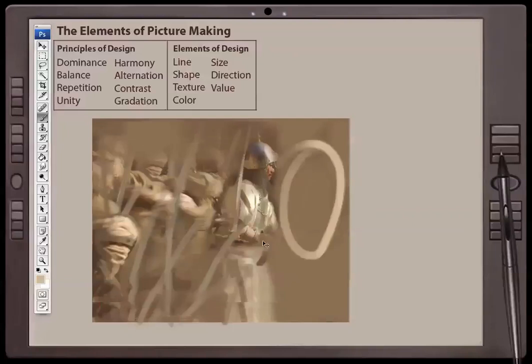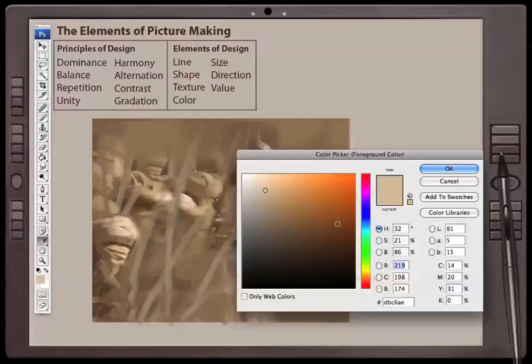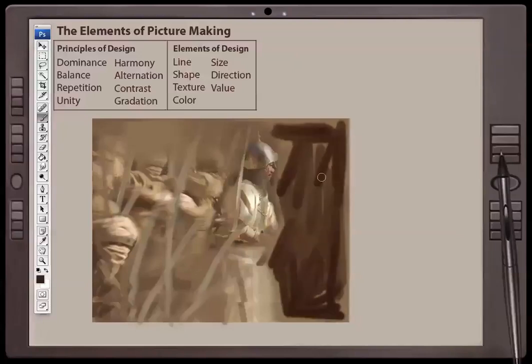Within this quiet area, I can introduce something that has greater visual weight than it has now, in order to balance this better. And what I could do, for example, is add a darker value. That darker value has more weight than the lighter value that was there.